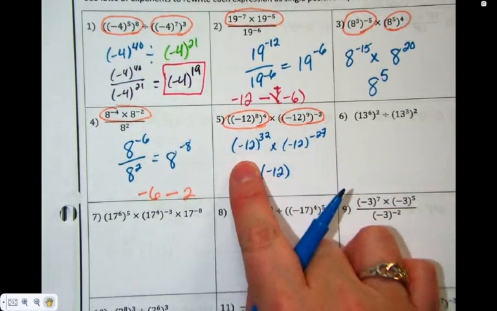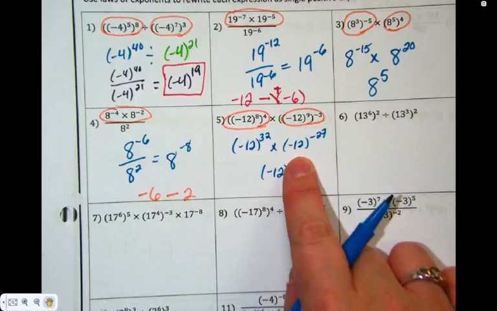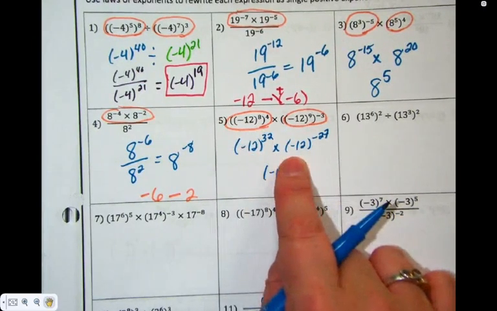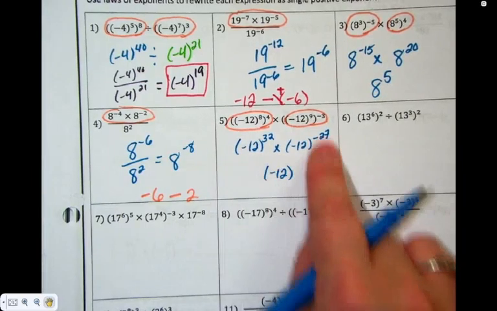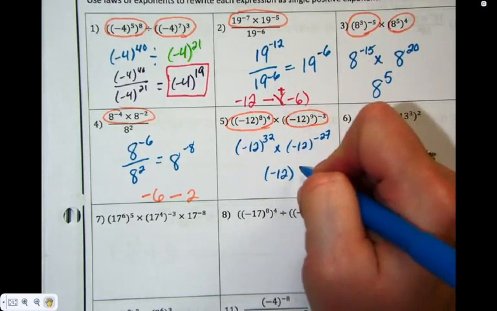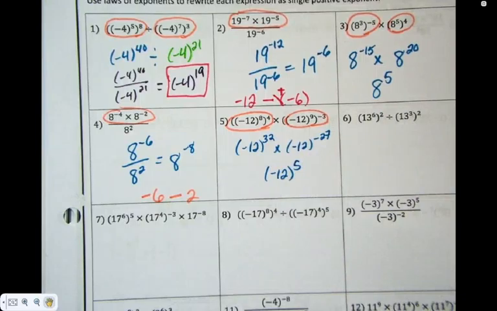So the left-hand piece gave me negative 12 to the 32. The right-hand side gave me negative 12 to the negative 27. What law does this now become in step 2? Product. So now we're adding those together. 32 plus negative 27. Positive 5. Who had it? High fives. Questions?